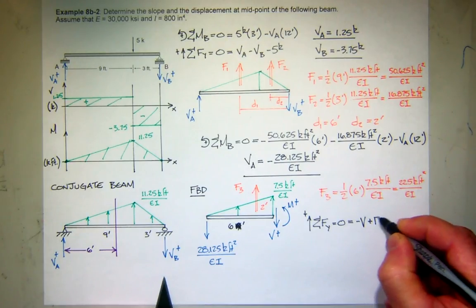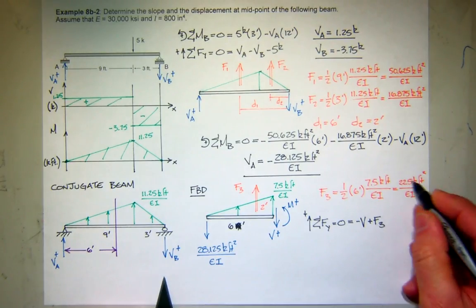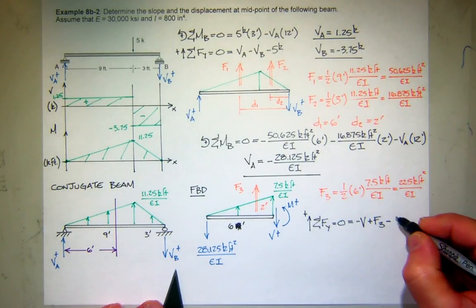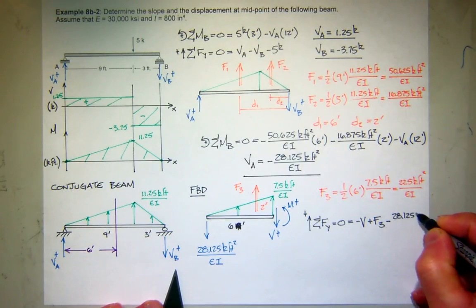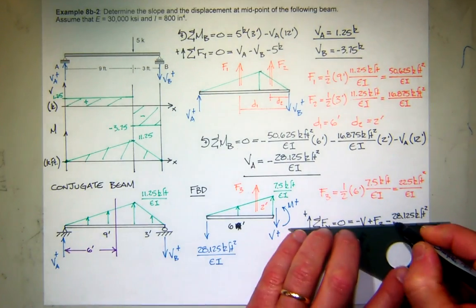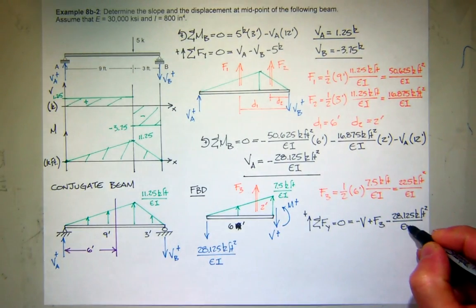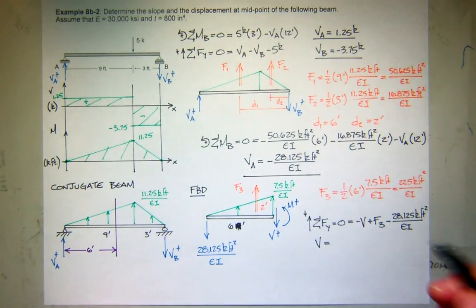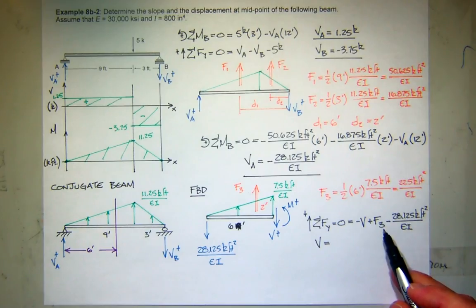I've got my force F3 acting up, which I know is 22.5, and I've got this force also acting down, which is 28.125 kip-feet squared over EI. So it looks like the shear is equal to a really small negative value. Is that right?